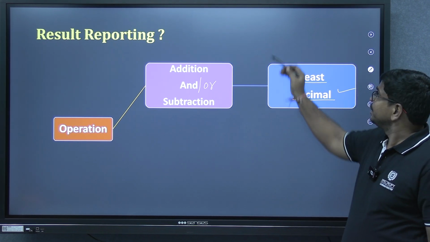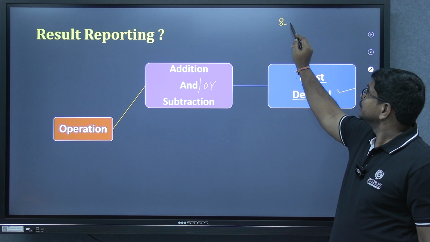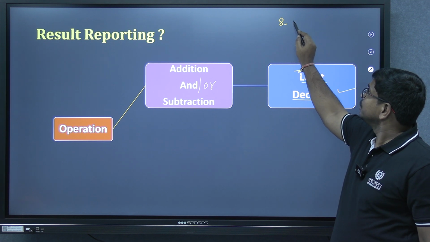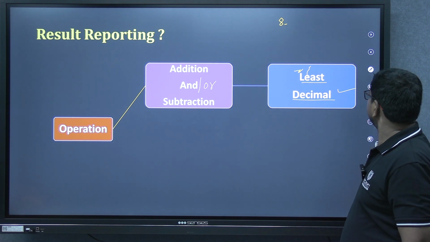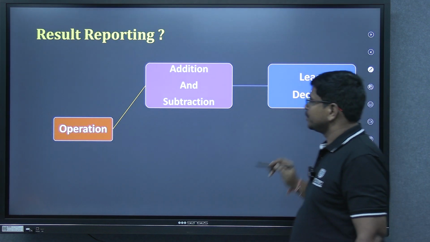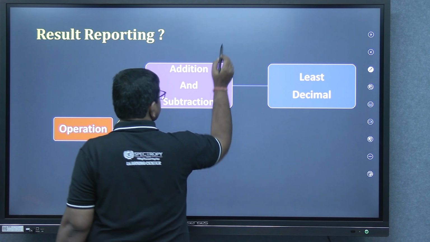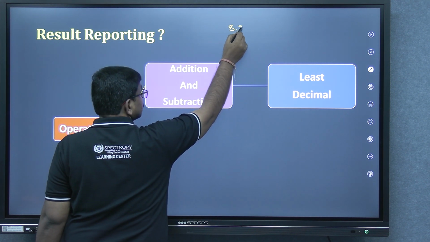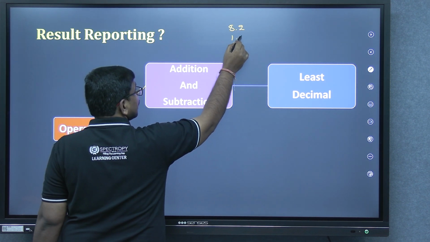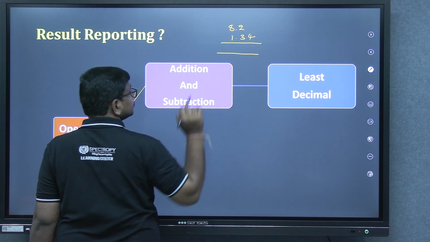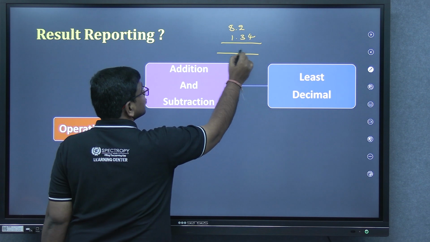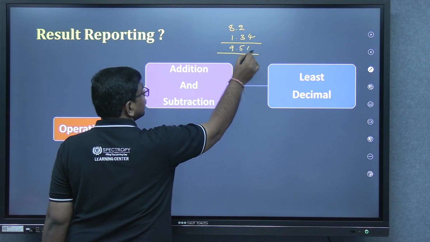Suppose I have 8.2 plus 1.34. What is the answer actually? 9.54.